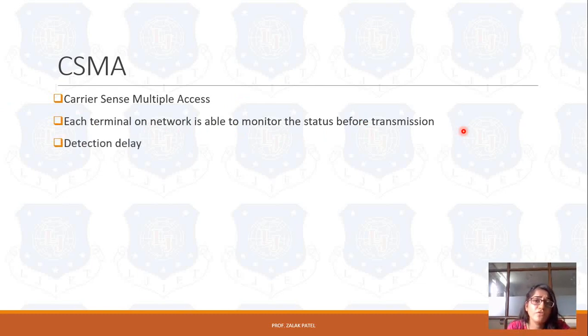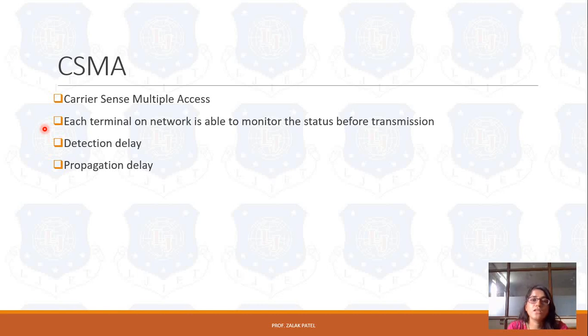There are two types of delay present in the case of CSMA. The first is detection delay. Detection delay is the time required to check whether the particular channel is available or not, or whether the channel is idle or free. The time to check this is called the detection delay.